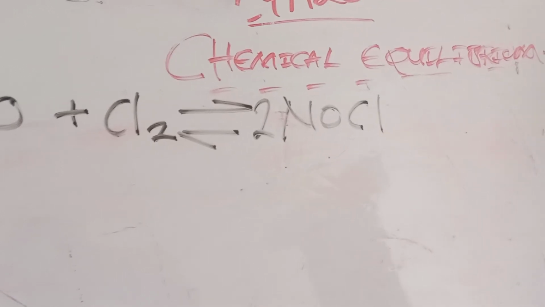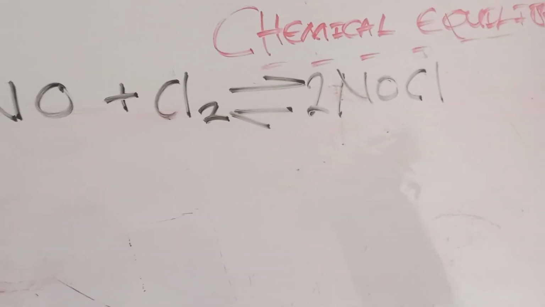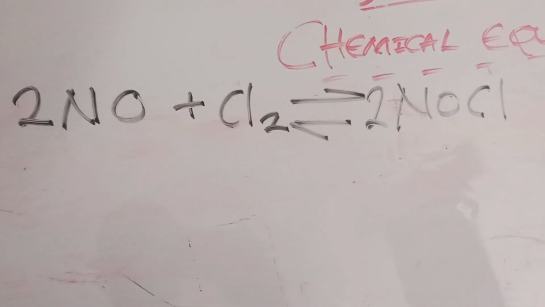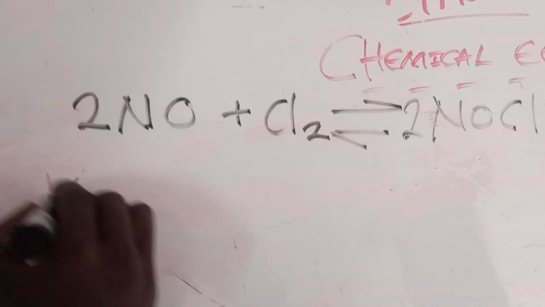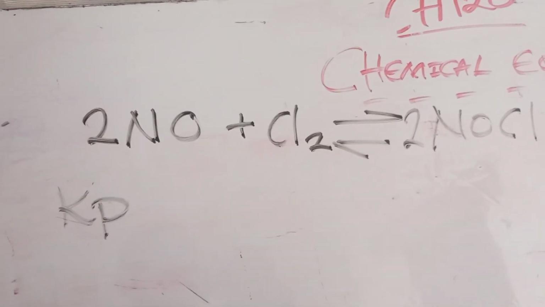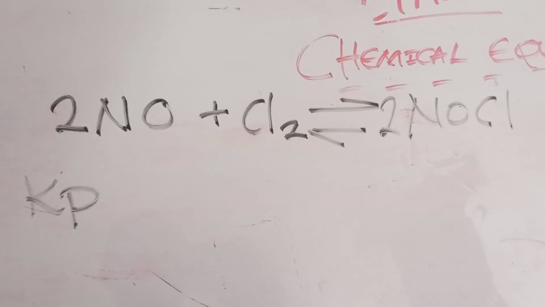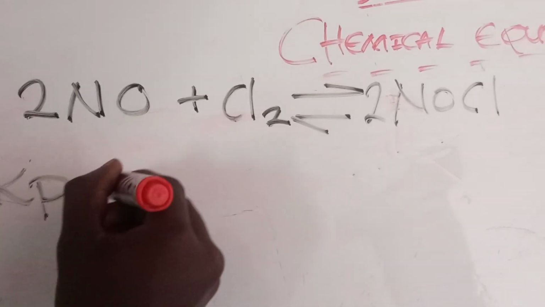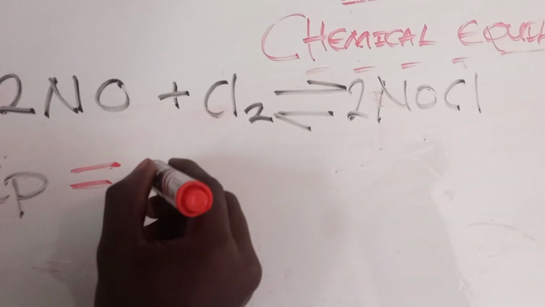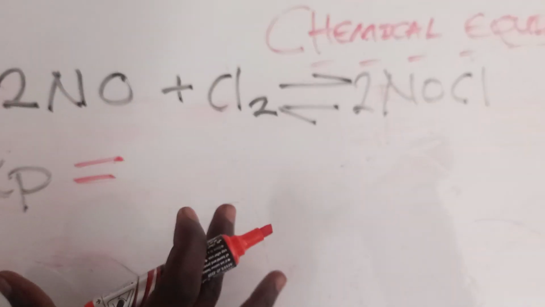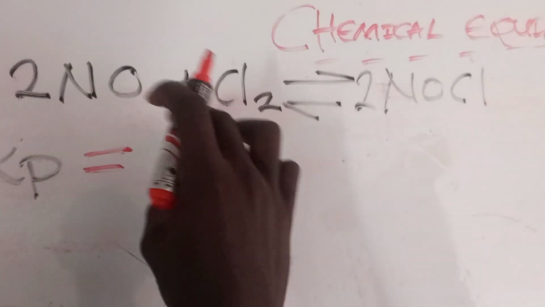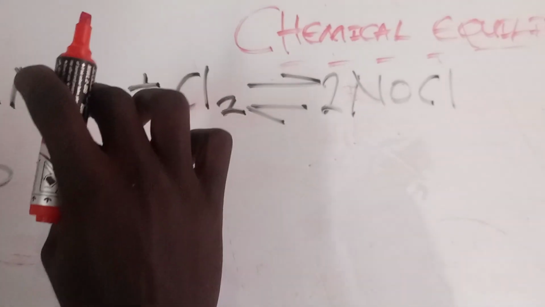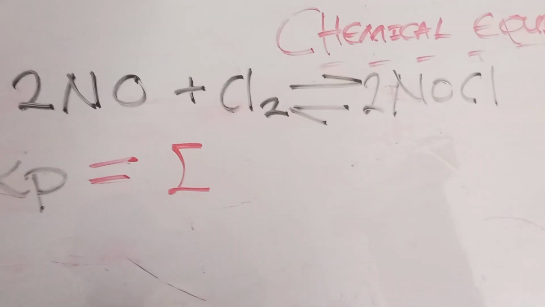So before I go any further here, we have to write your Kc expression or Kp expression. What's your Kp expression? Here it is. As usual, Kp instead of Kc is equal to product over reactant, yes, but we don't want to use those brackets because they are the symbol of concentration.